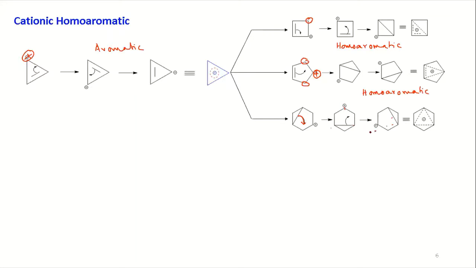This way you have a circulation of two electrons, in this case the sigma bond electrons circulating, and the positive charge is circulating among these three centers. So you have a three-membered, two-electron system having a positive charge. This is again what we call homoaromatic.